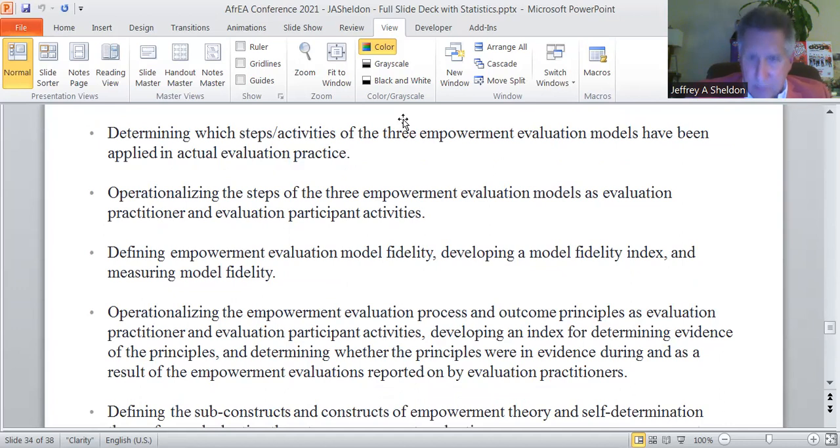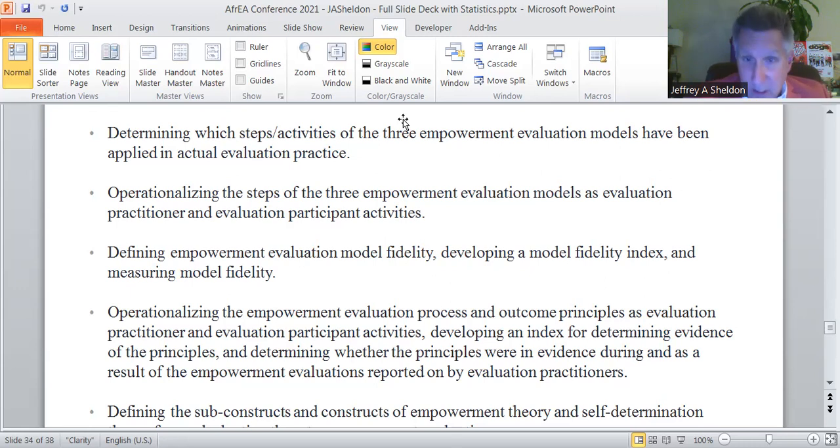Operationalizing the steps of the three empowerment evaluation models as evaluation practitioner and evaluation participant activities. So breaking these models down and showing exactly what activities you do in these models in order to adhere with fidelity to the model.